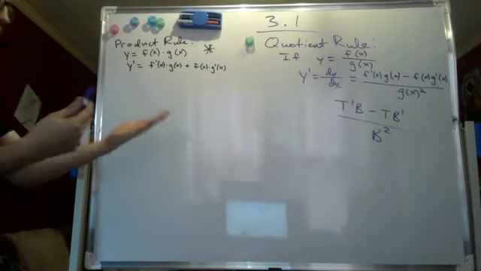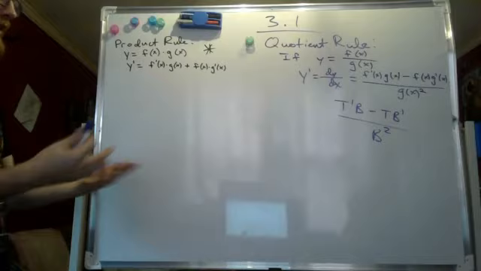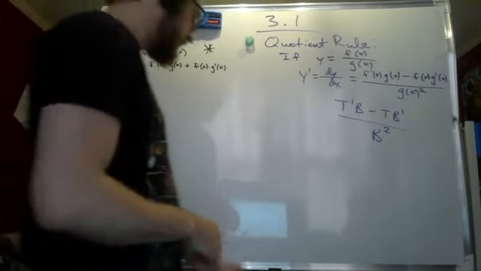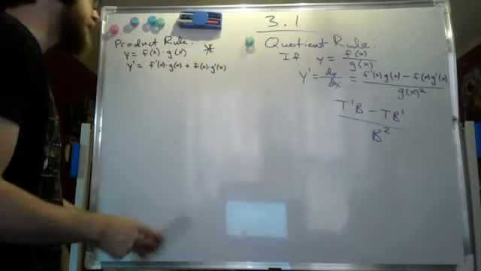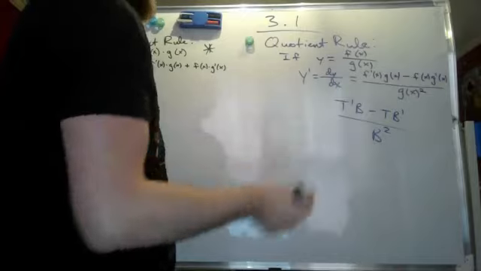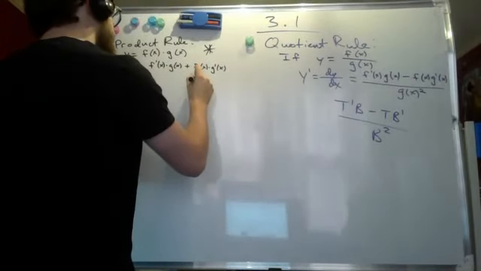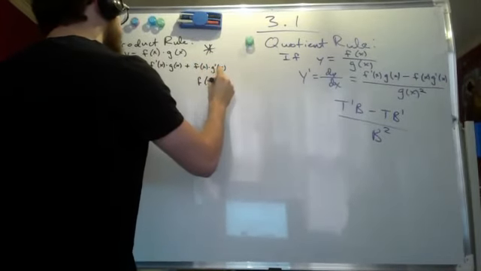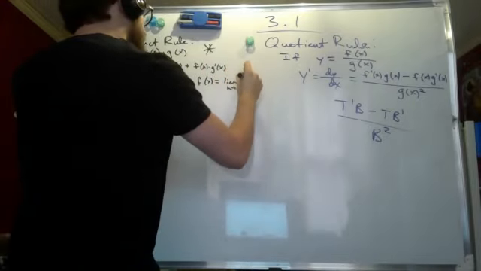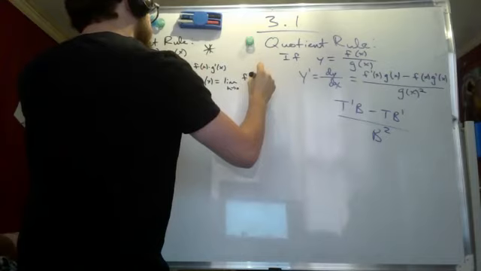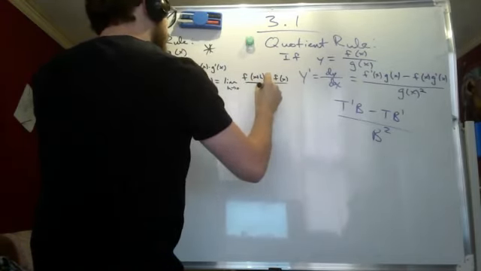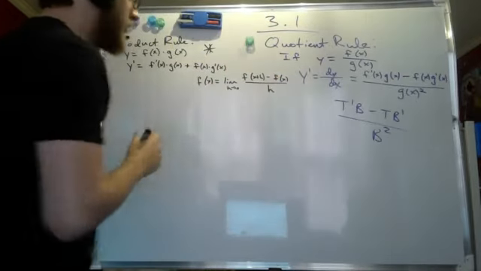Alright, so there's the quotient rule. Now, again, just as for the product rule, why does this work? Why is this true? Well, again, we can get this from the limit definition for the derivative. So I'll write that up here again. f prime of x is equal to the limit, as h goes to 0, of f of x plus h minus f of x, all divided by h.